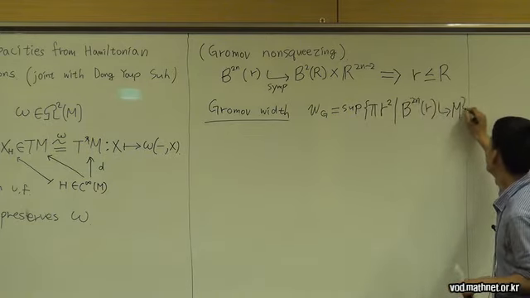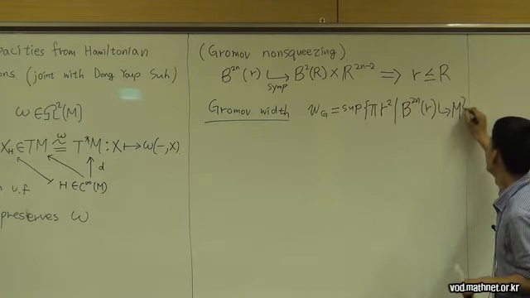The first one is, if M1 embeds into M2, and they have the same dimension, then we see that the width is not greater than the ambient one.